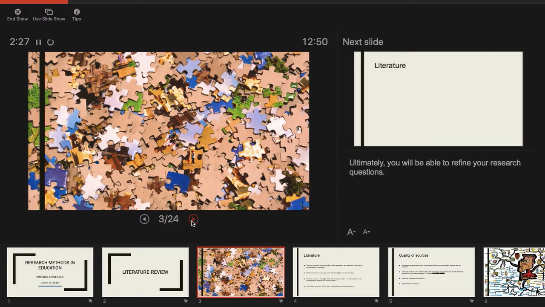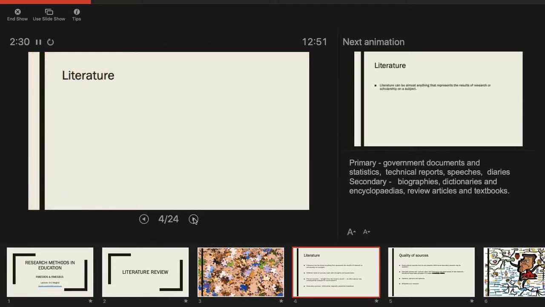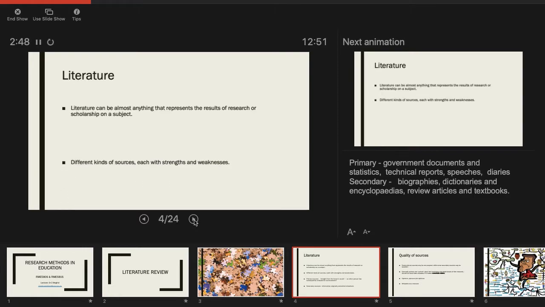Now, when we're looking at the literature, we know that it is a representation of the results of scholarship or academic research on a particular subject. And there are, of course, different sources available, each with their strengths and weaknesses.